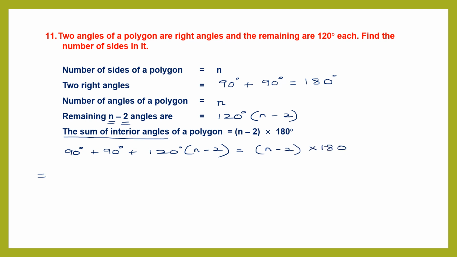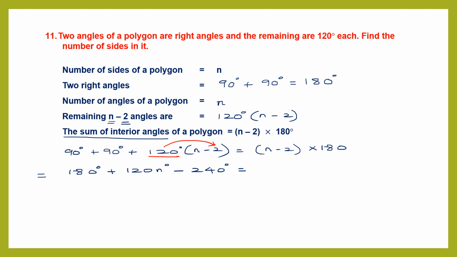So this will be 90 plus 90, which is 180 degrees, plus, now here this is multiplication. So 120 into n and 120 into 2. So 120 degrees into n will give us 120n degrees minus, now we multiply 120 into 2. 120 into 2 is 240 degrees.